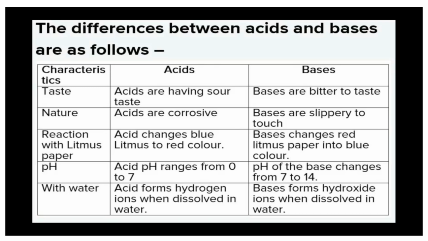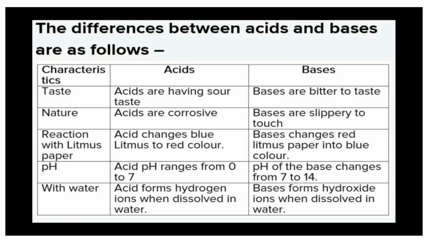Reaction with litmus paper: acids change blue litmus paper to red color, bases change red litmus paper into blue color. pH: the pH of acids ranges from 0 to 7, the pH of bases ranges from 7 to 14.